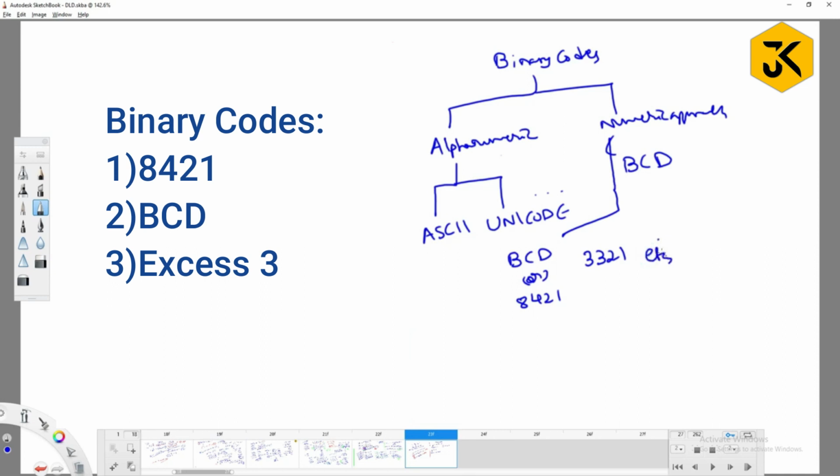Like this, we have various kinds of approaches. These I can call weighted codes. So let me tell why I am calling them weighted codes. First I will tell the classification.